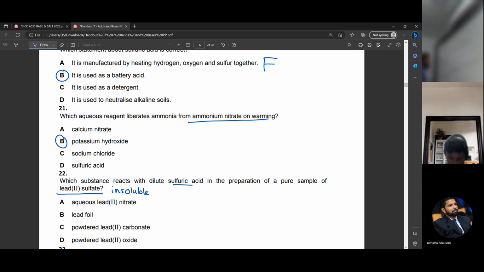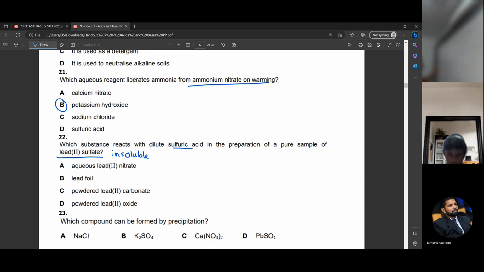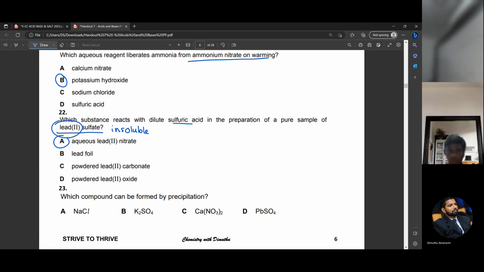You find a compound where lead is soluble. What's the answer? Lead nitrate. Which compound can be formed by precipitation? They just said lead sulfate is insoluble. No more precipitate other than lead sulfate.